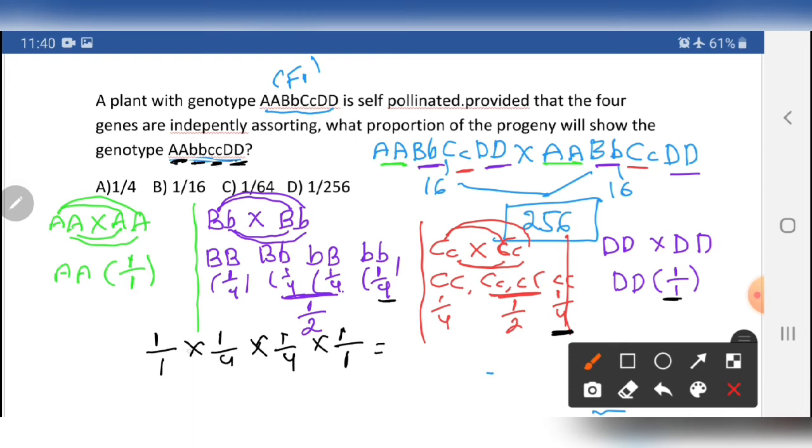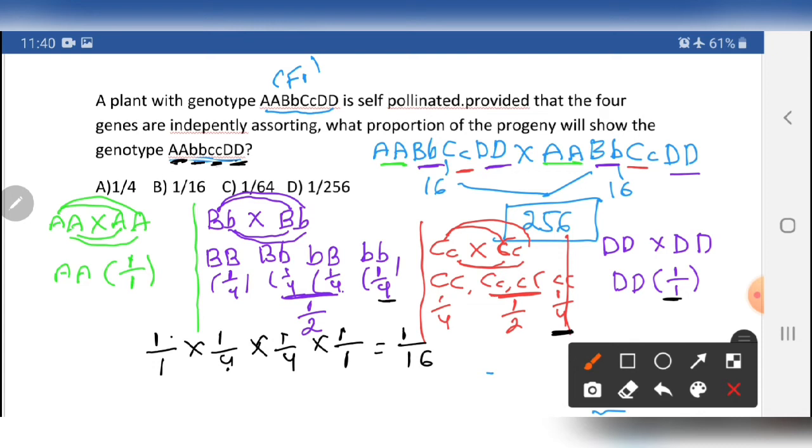So we go for simplification. Numerator and denominator: we find 1 by 1, 4 times 4 is 16, 1 times 16 is 16. So this is 1 by 16, the answer.